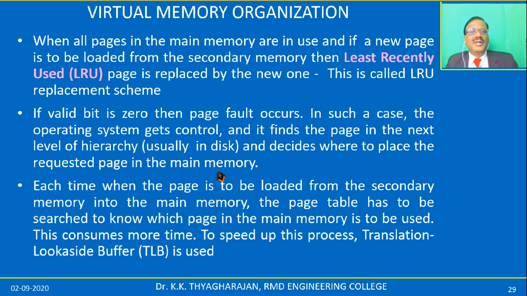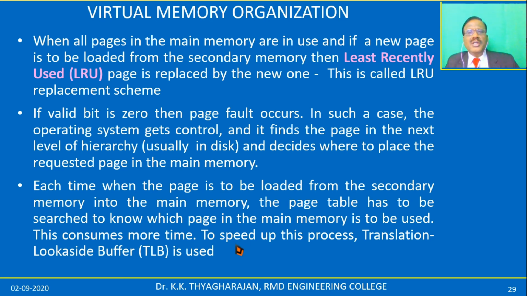Each time a page is to be loaded from the secondary memory into the main memory, the page table has to be searched to know which page in the main memory is to be used. This consumes more time because it has to search the complete page table.